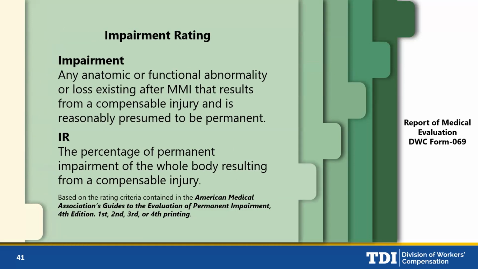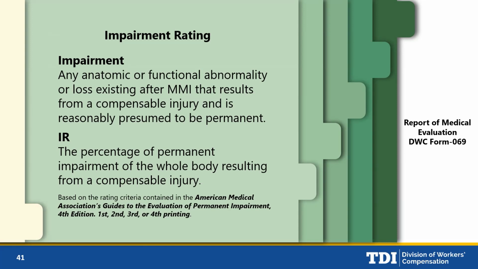Impairment is when the injured employee has a compensable injury and they have some loss that is going to be reasonably expected to be permanent. That's anatomical, functional loss that they've had. Say they've lost hearing, or they've lost eyesight, or they've lost use of a finger, or some other injury.